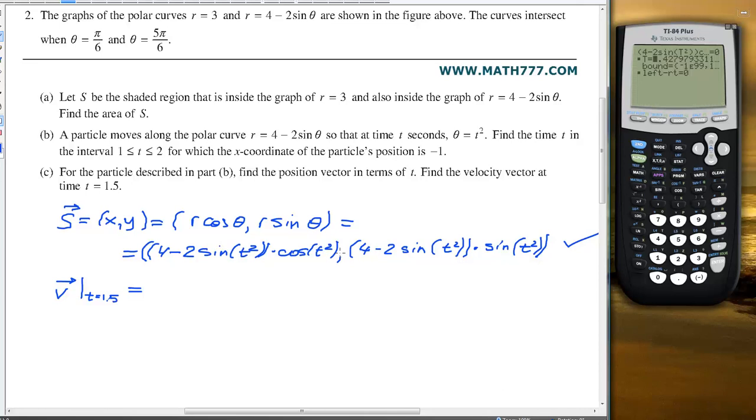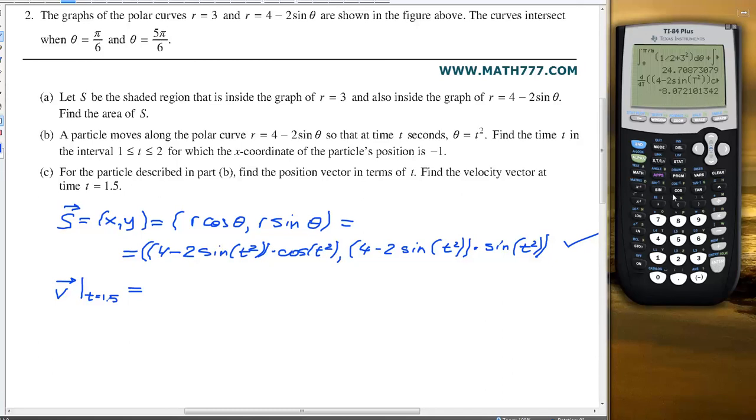And in this case, let's use our calculators: quit, mathematics, derivatives with respect to t of the function (4 minus 2 sine t squared) times cosine t squared at the point t equals 1.5. That gives us negative 8.07.